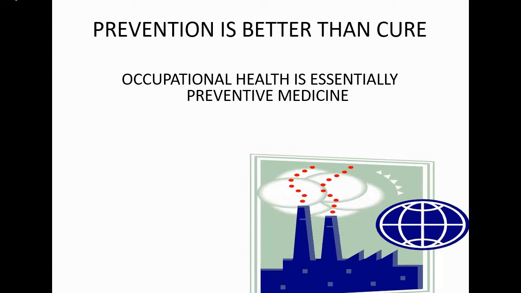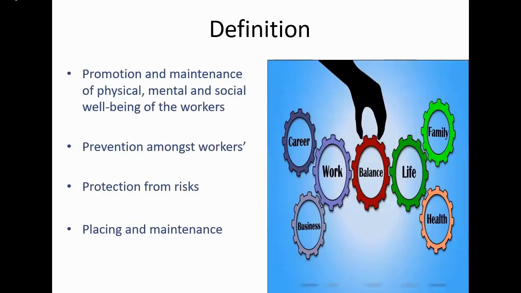So when we talk about occupational health, it is basically the promotion and maintenance of physical, mental, and social well-being of the workers. Whenever we talk about health, health at large encompasses all these things: the physical health, the mental health, the social health, and then well-being of the workers. The well-being of the workers is an additional part to the definition of health, and it signifies it as occupational health.